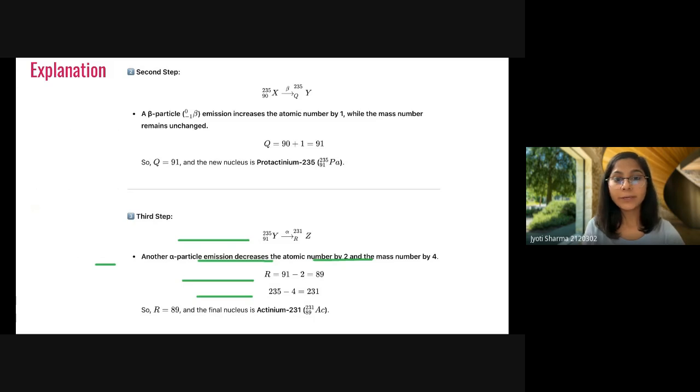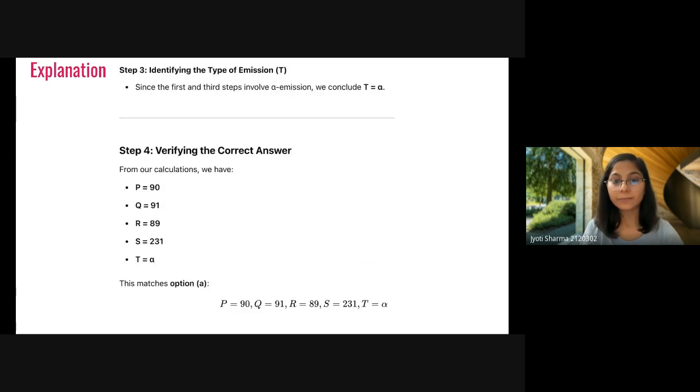Then this will be beta, and because of that beta, your atomic number will be increased by 1. So from 90 it becomes 91, and your atomic mass stays the same, 235. Then third, again it was alpha, so the atomic number is reduced by 2 and the atomic mass is reduced by 4. This is how it will be 89 and 231, and this is how you can give the right answer.